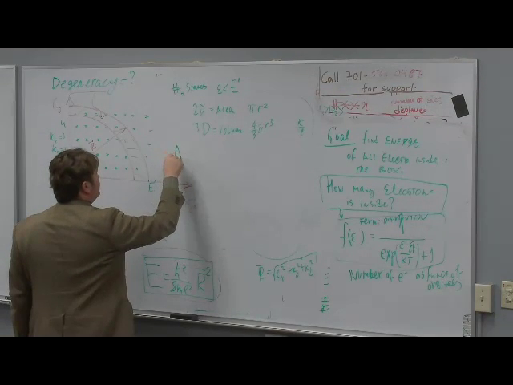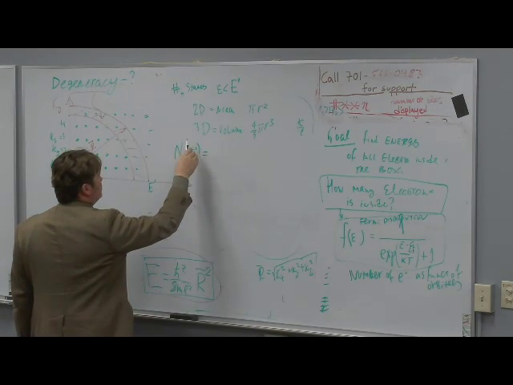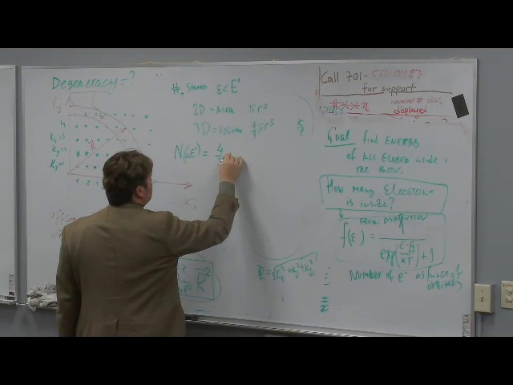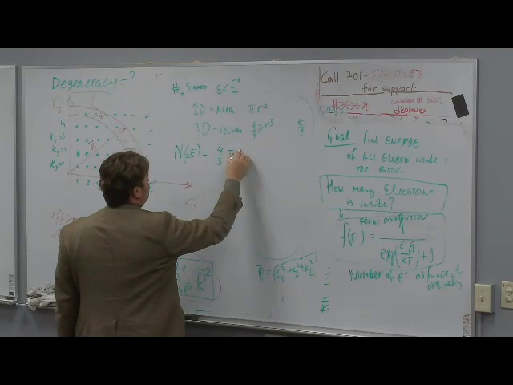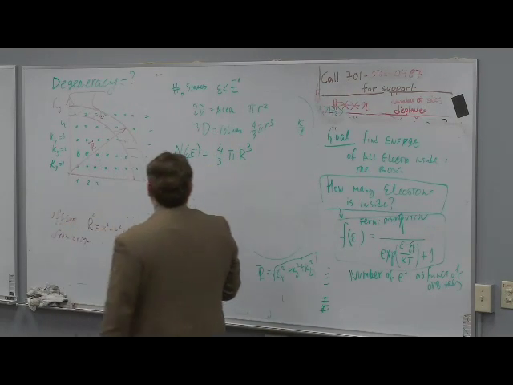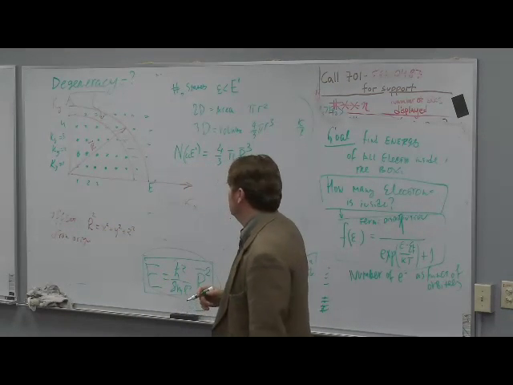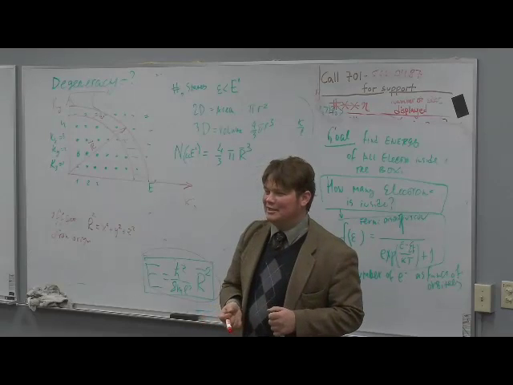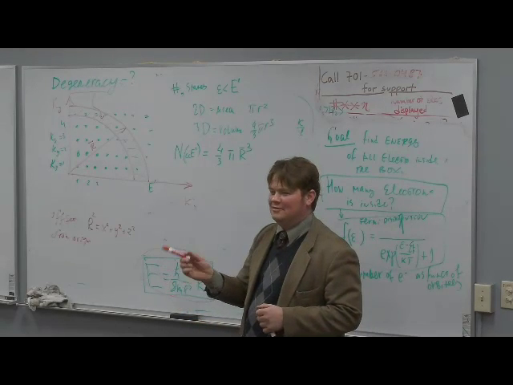So the number of states that correspond to energy less than E prime will be 4/3 pi r cubed, and we need to divide by 8. We will add the Levi factor.